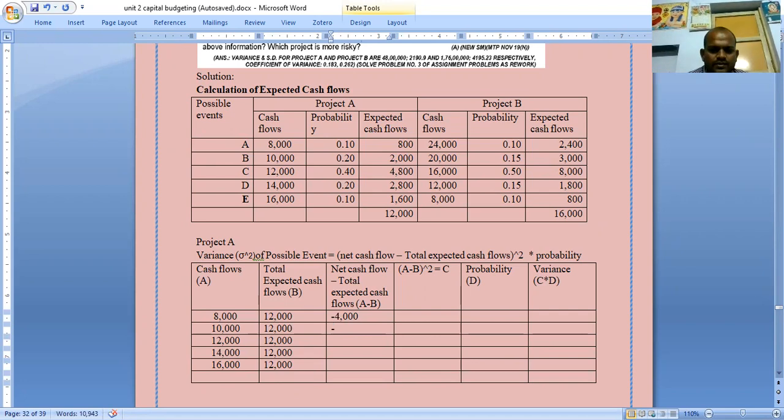Here minus 2,000. Here 0. Here 2,000. Here, sorry, 4,000 positive. So this is A minus B power 2. So 4,000 into 4,000, minus into minus plus, 4,000 into 4,000.